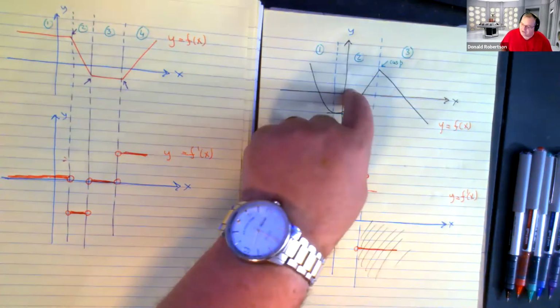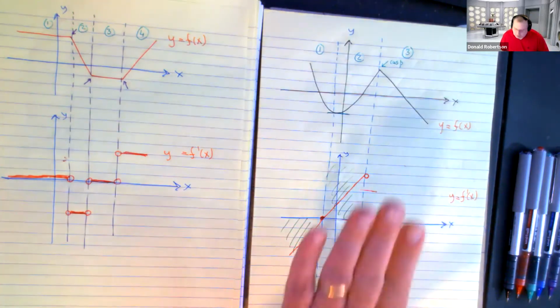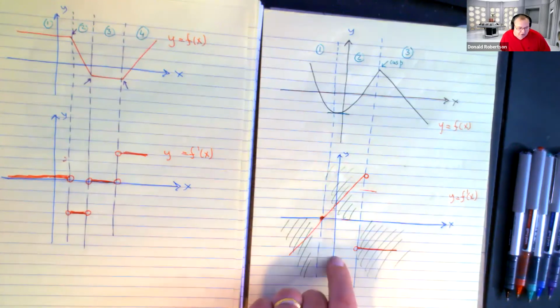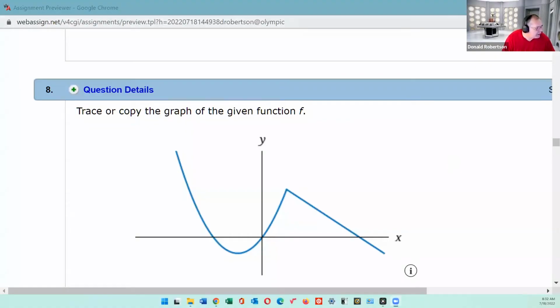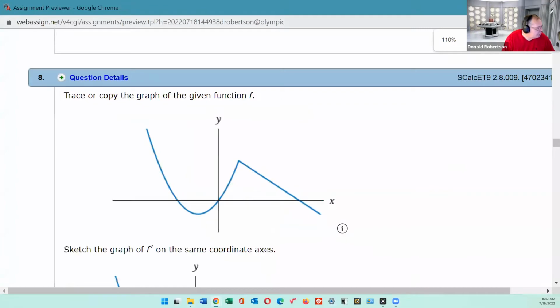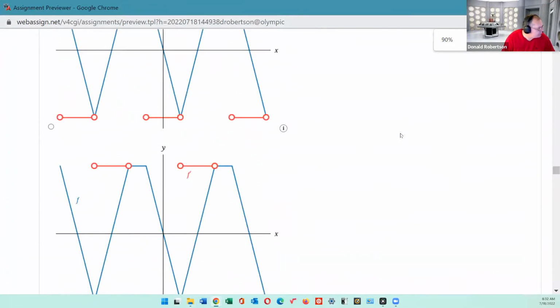They give you this, they ask you to sketch its derivative, you do it on paper and then you look at your answer and you look at their 4 answers and hopefully you get to see one that is similar enough to yours to say, yeah, I think I've done it right. Probably I should show you one. I'll shrink this back to some reasonable size. Okay.